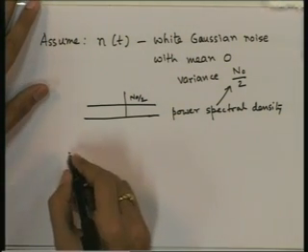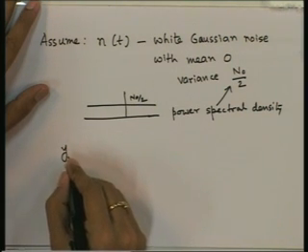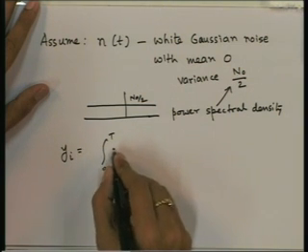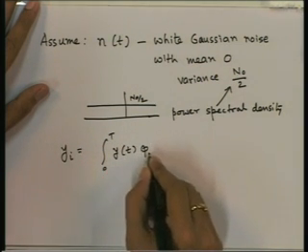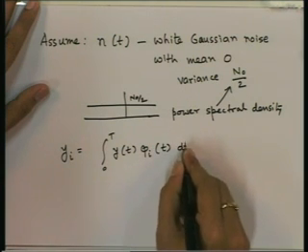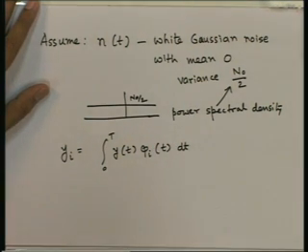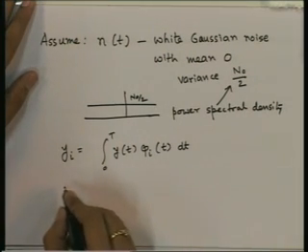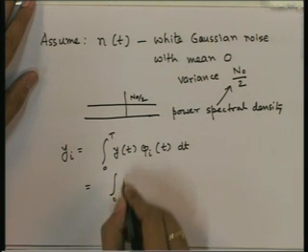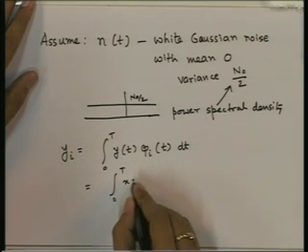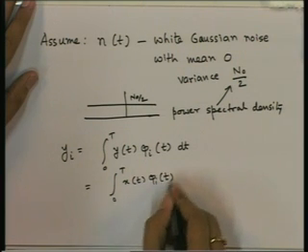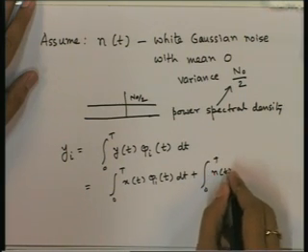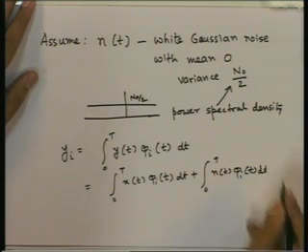Now we will see what is y_i. We have seen it before already. So, what is y_i? y_i is the output of the filter at capital T, and it can be written as the integral of y(t) phi_i(t) dt. And this is equal to the integral of x(t) phi_i(t), where y(t) is x(t) plus n(t), plus n(t) phi_i(t) dt.